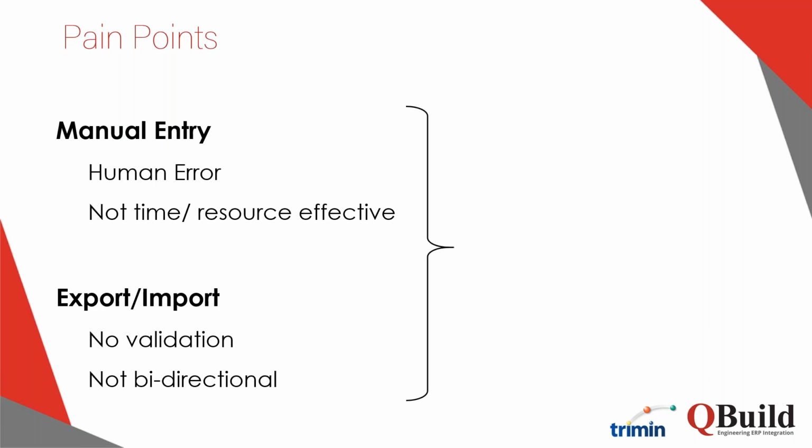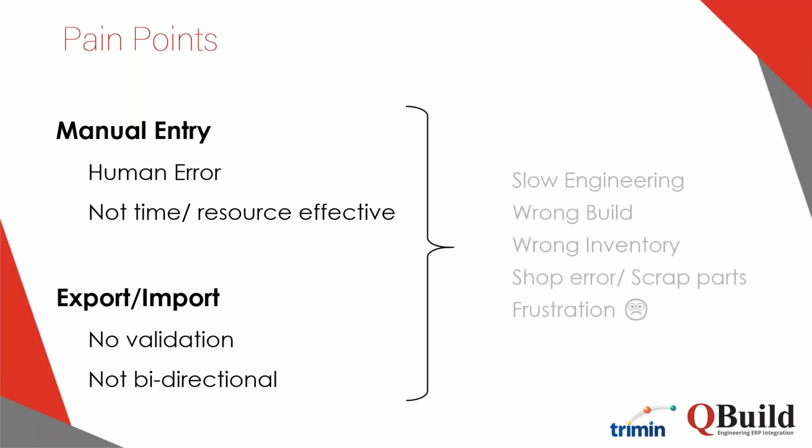So with these pain points, what does that really mean? It means with these alternatives, you have slower engineering, longer lead times, wrong build situations, wrong inventory levels, large shop floor errors and scrap, and overall frustration in the company, and especially engineering and production.